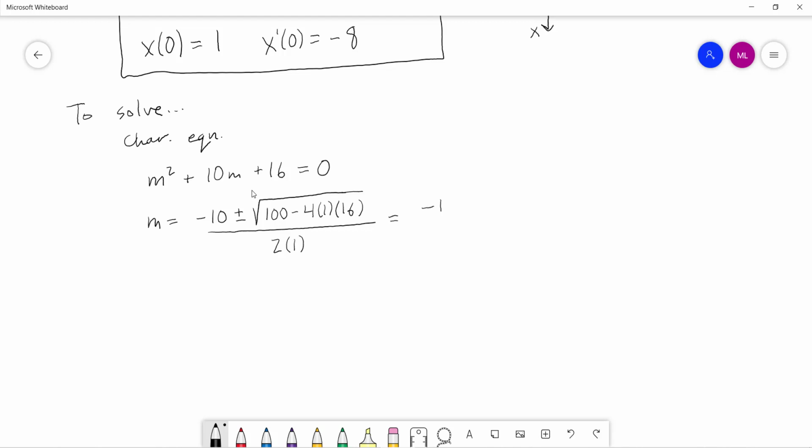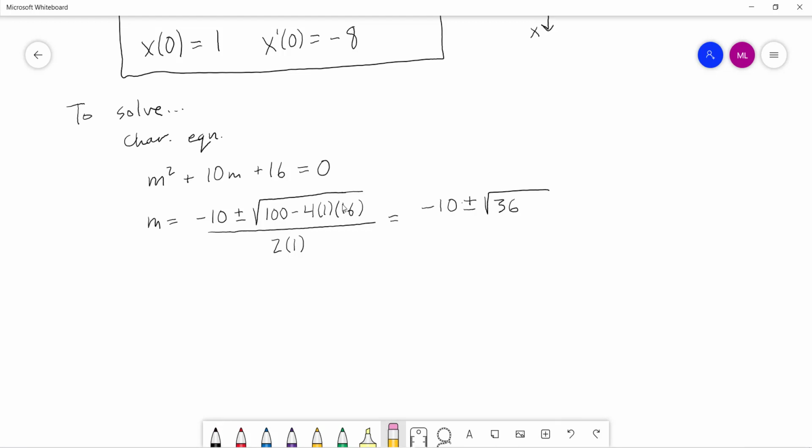So we get from this negative 10 plus or minus the square root of 100 minus 64, which gives me 36.